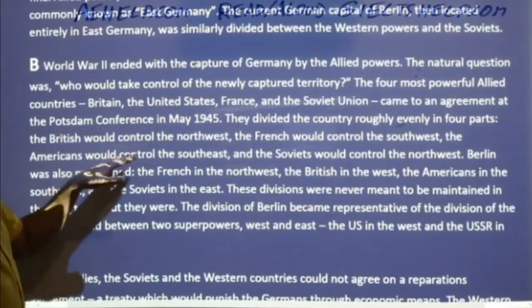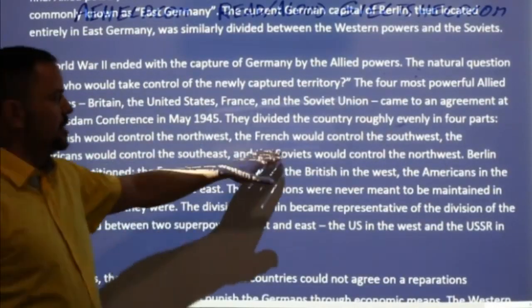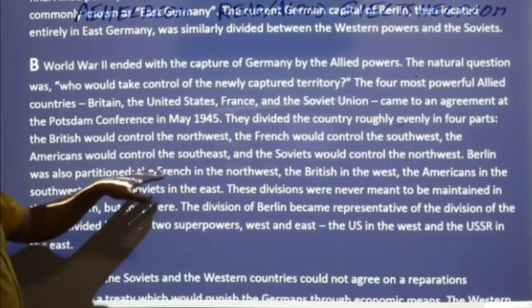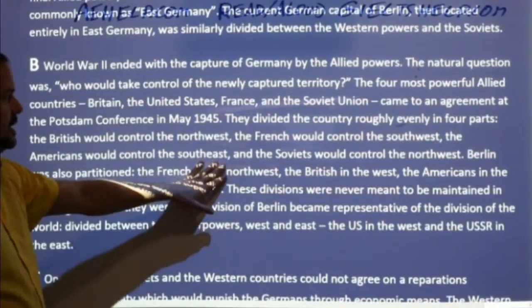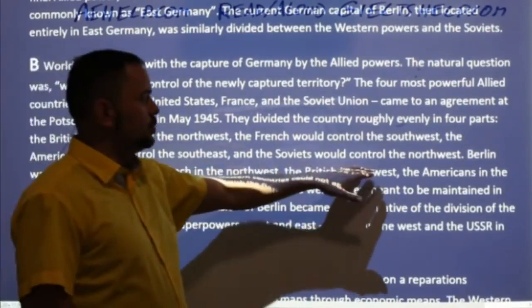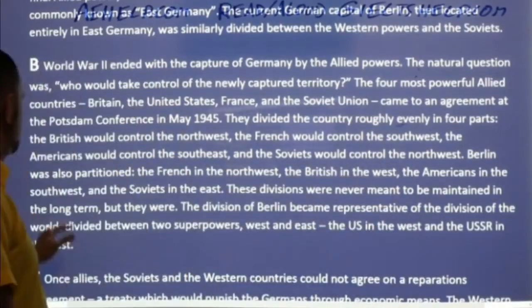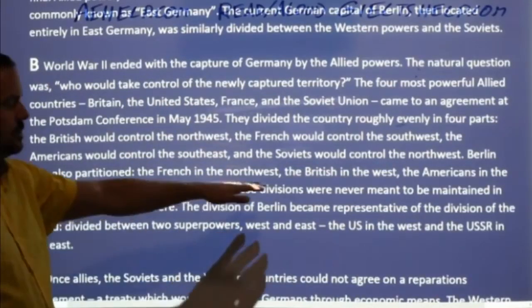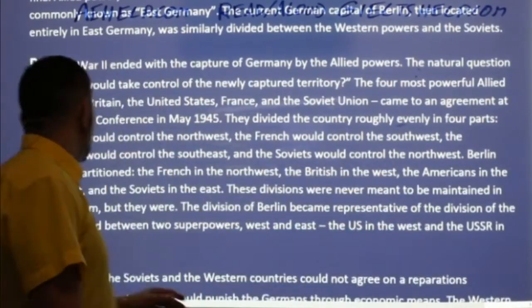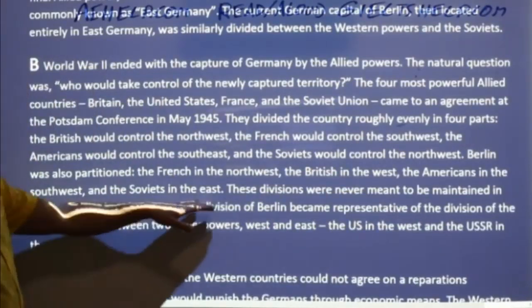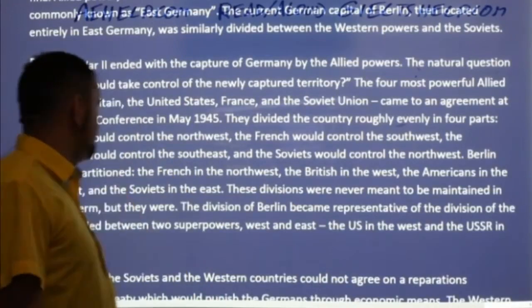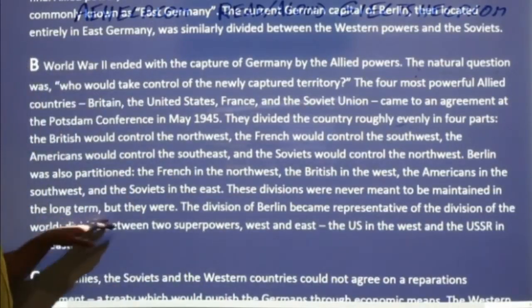The British would control the northwest, the French would control the southwest, the Americans would control the southeast, and the Soviets would control the northwest. Berlin was also partitioned, the French in the northwest, the British in the west, the Americans in the southwest, and the Soviets in the east. These divisions were never meant to be maintained in the long term, but they were.